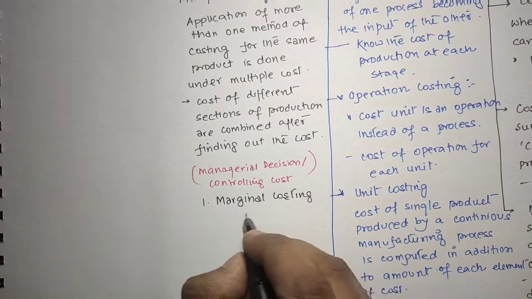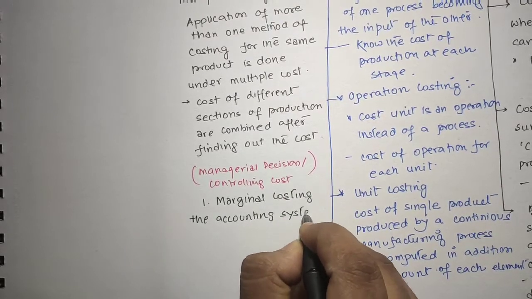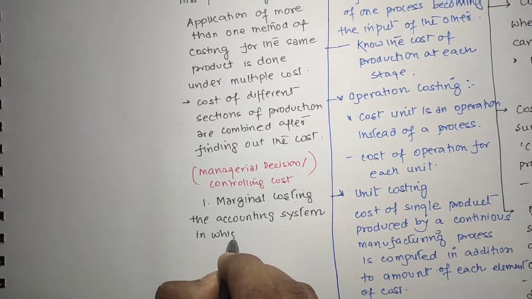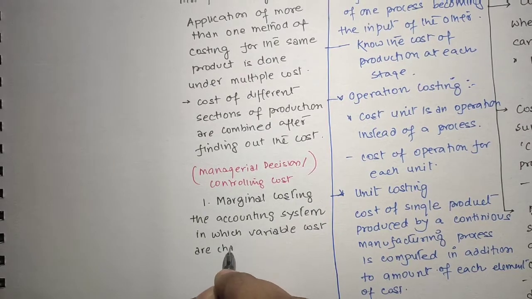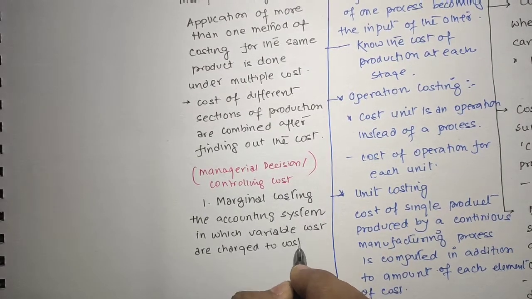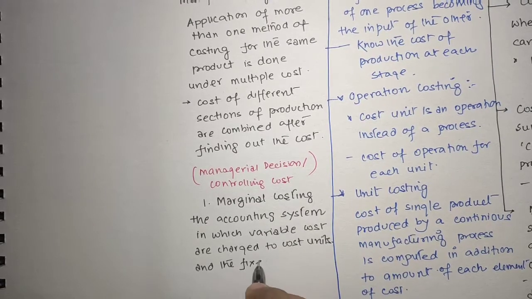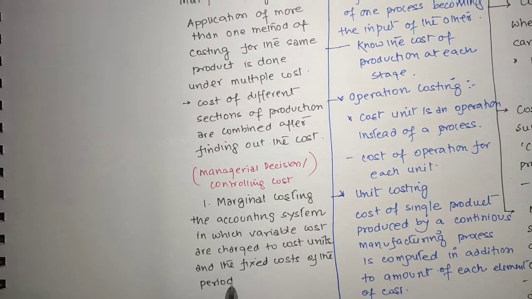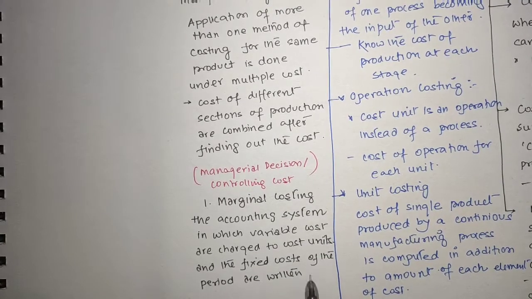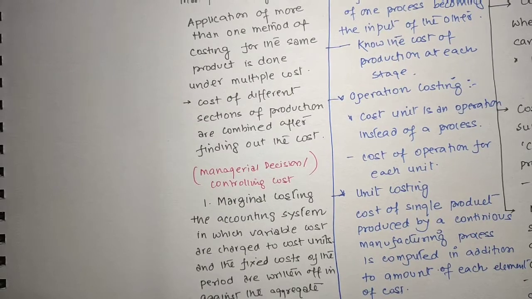Marginal costing has been defined as the accounting system in which variable costs are charged to cost units and the fixed cost of the period is written off against the aggregate contribution.